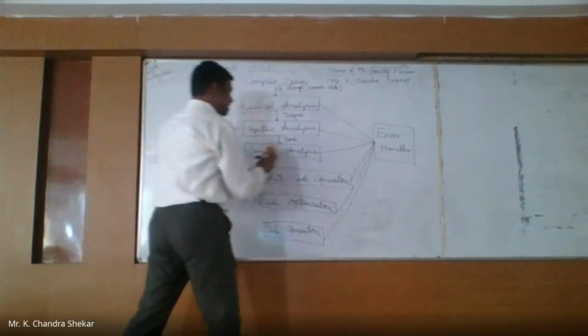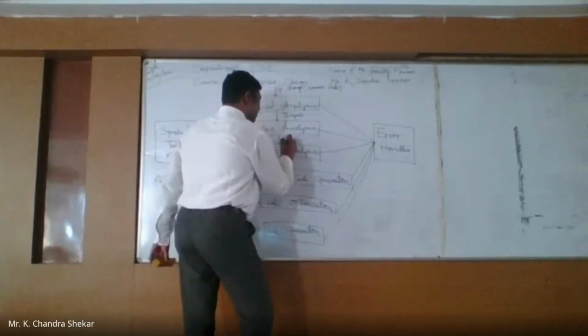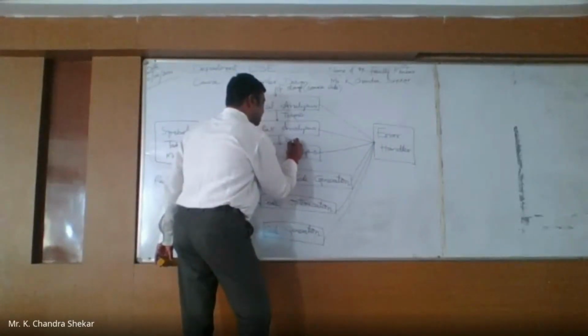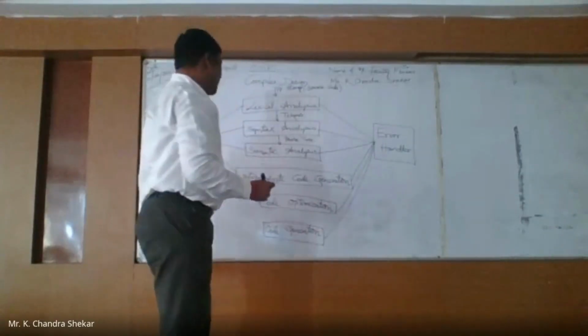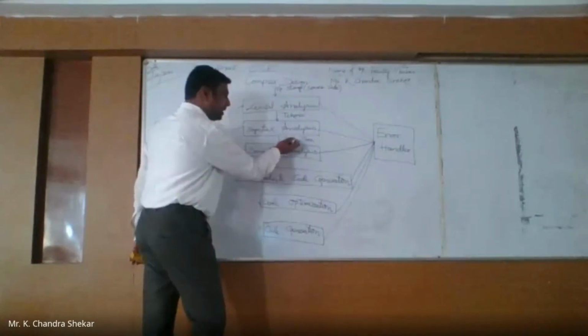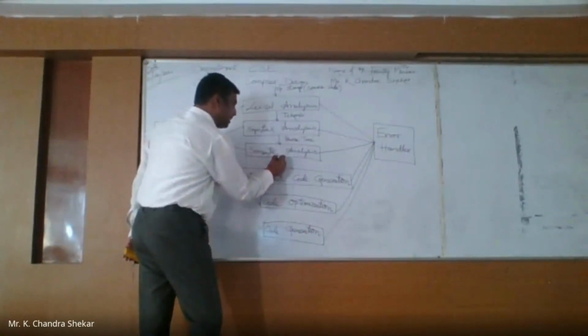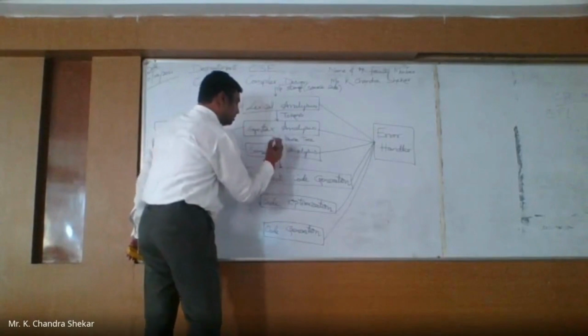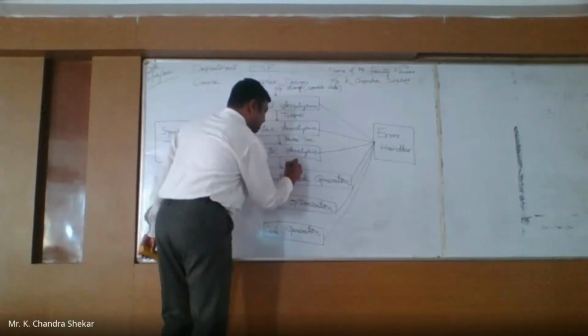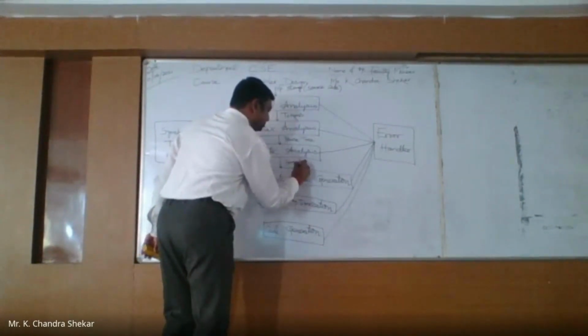a syntax tree, and more specifically, we call it a parse tree. Okay? And the parse tree, after passing on to the semantic analysis phase, you get a semantic tree.